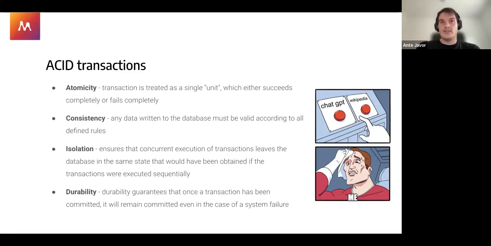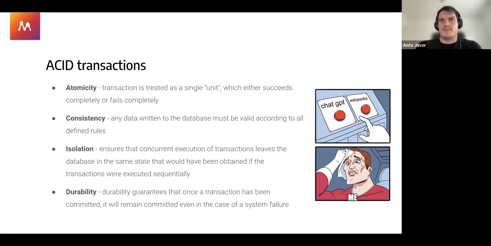So essentially, isolation defines how your database will be protected from concurrent workloads. And if you were to define isolation, you would say that no matter the quantity of concurrent transactions being executed, the database should remain in the same shape that it was previously.